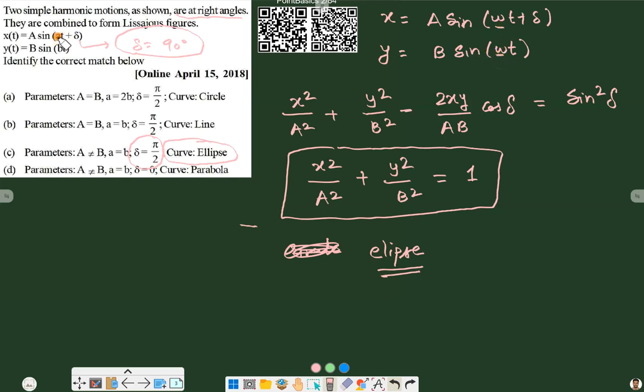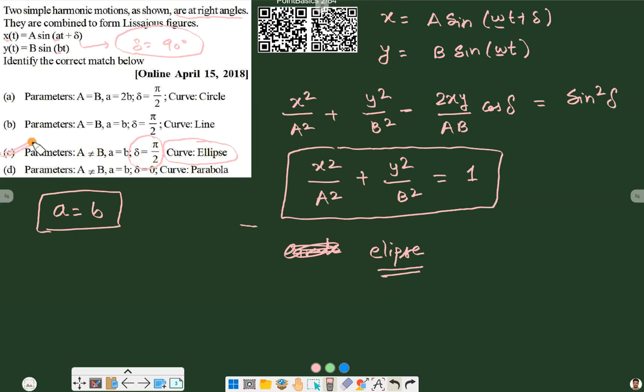Here for omega in x we have a, and for omega in y we have b, so they should be the same. So a is equal to b to form a Lissajous figure. Here a, small a, is not capital A, and small b is not capital B, and delta is pi by 2. So this forms an elliptical curve.